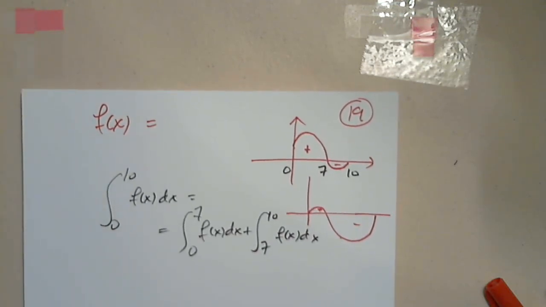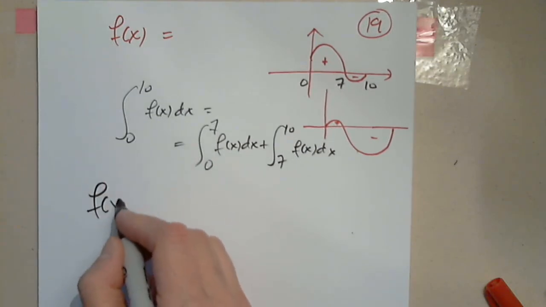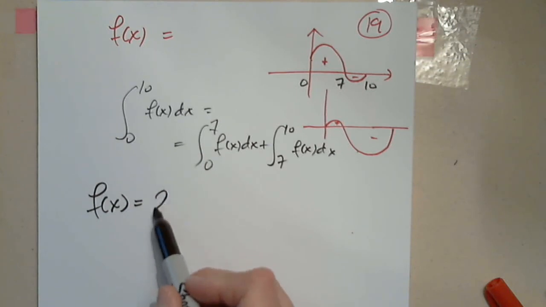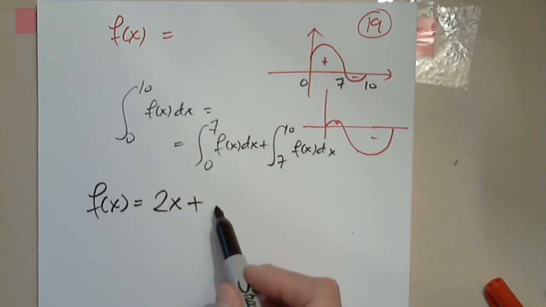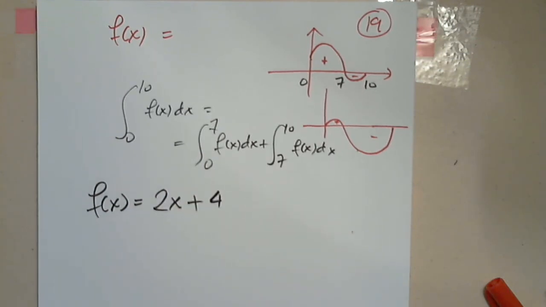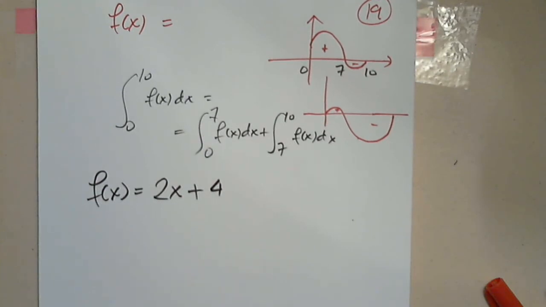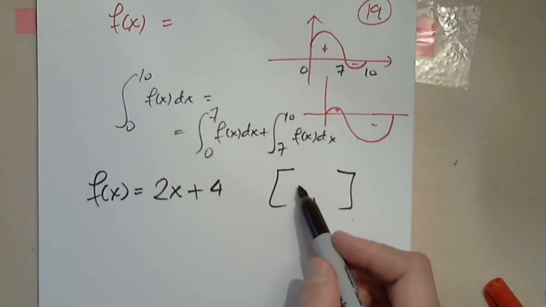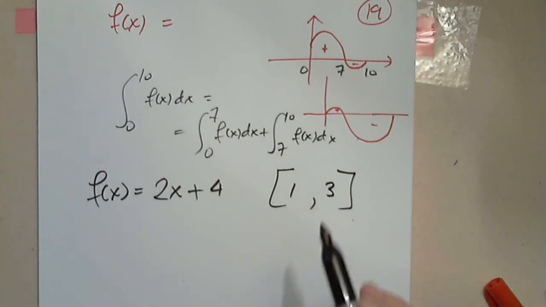So let's choose a linear function. What about 2x plus 4? And we can make it slightly more difficult. Let's say the interval between 1 and 3.